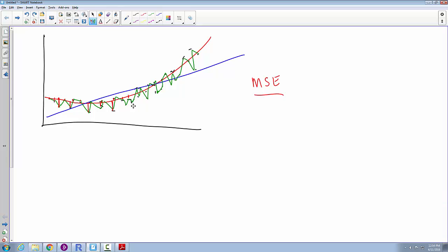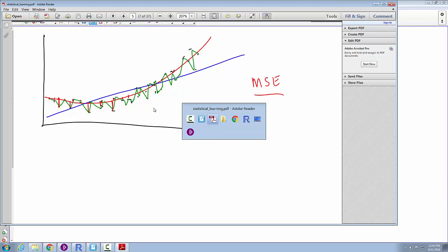On the training data, it's perfect. The mean squared error for the green one on the training data would be 0, actually, because there's no errors. Fitted equals truth every time. But we know that there's something wrong with that. Just because that has perfect mean squared error on the training data, that may not be the one we want. So we're going to keep talking.